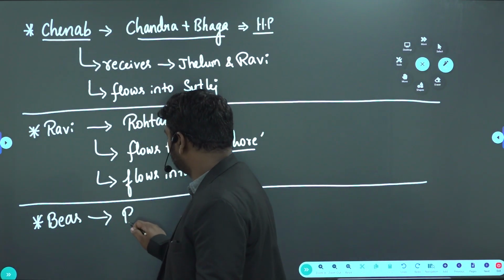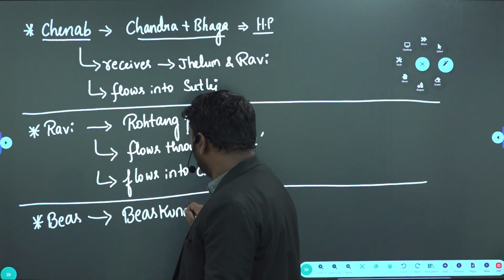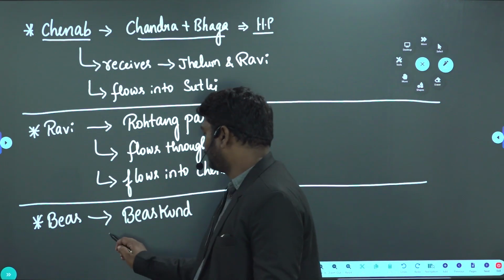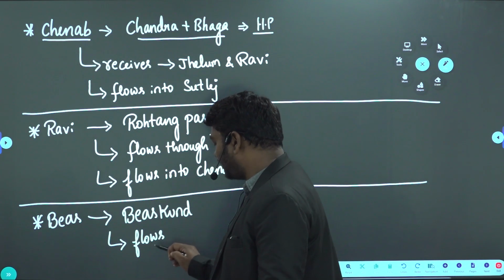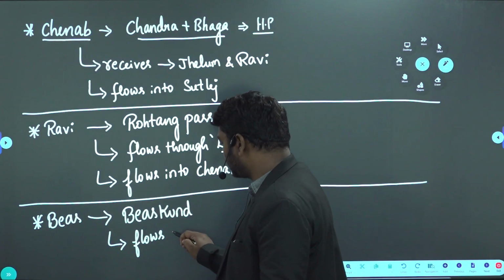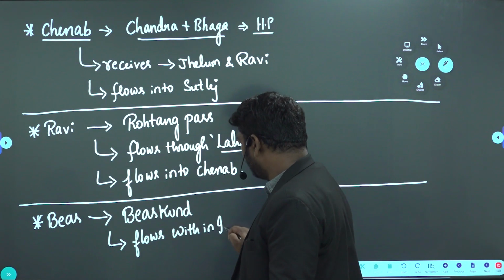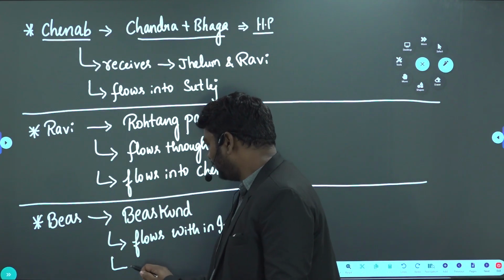Beas originates at Beas Kund. Among these five, this is the shortest. They flow within India, guys. They don't flow outside.